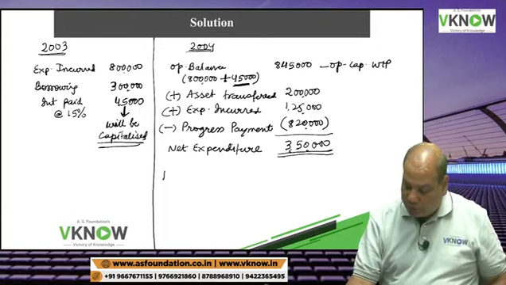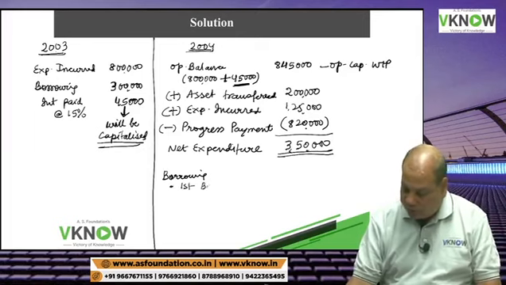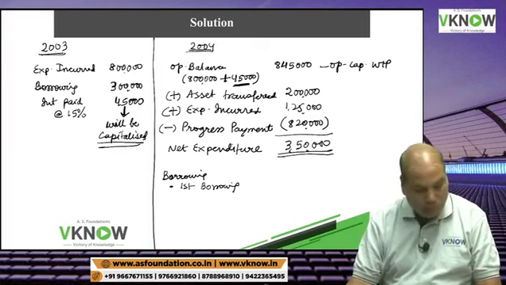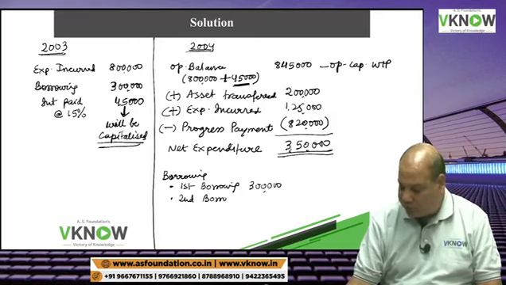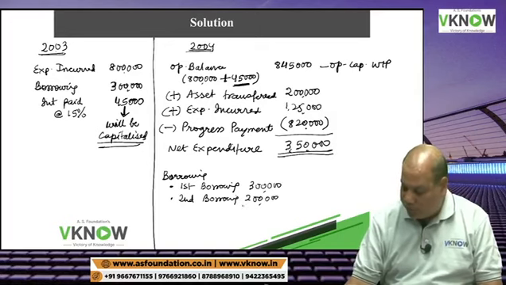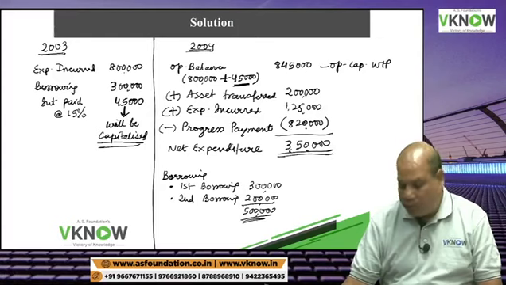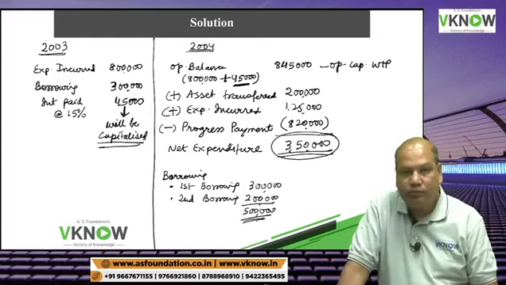What about my borrowing? I have two borrowings. I have the first borrowing of 3 lakh rupees, and then I have taken a second borrowing also. This year we have borrowed another 2 lakh. Oh my God. So my borrowing is more than my net expenditure.